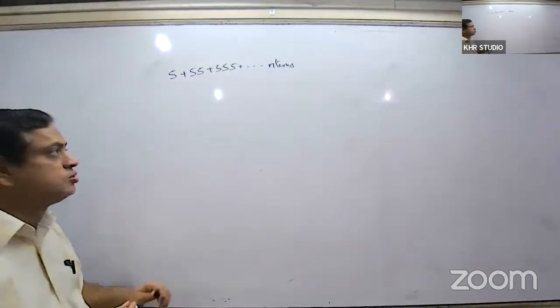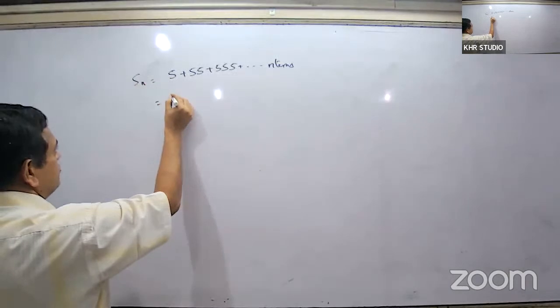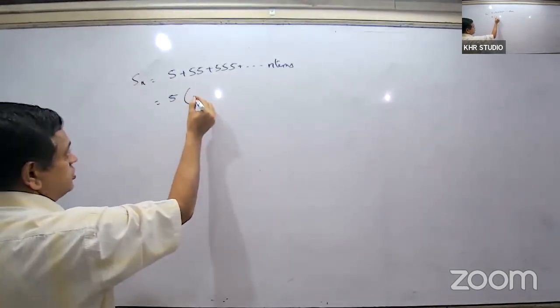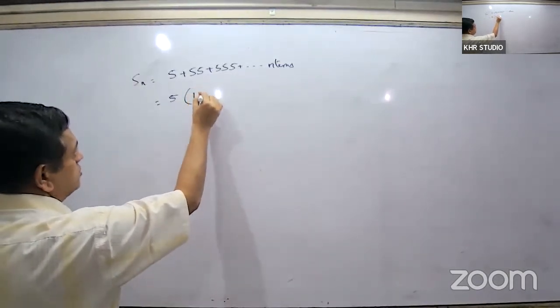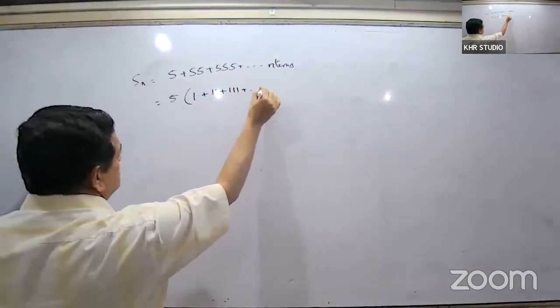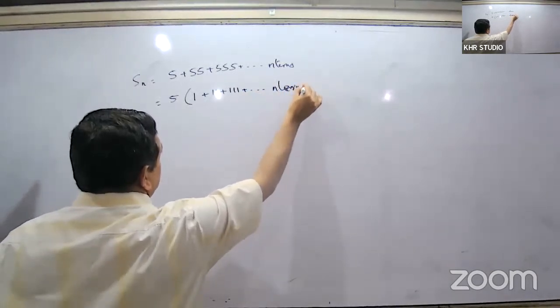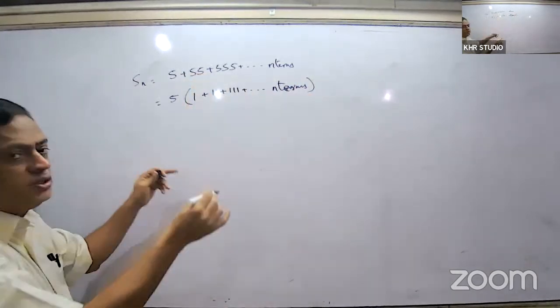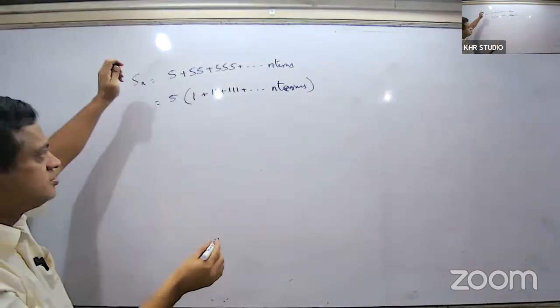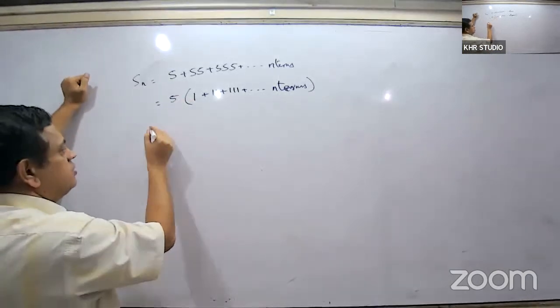What is the way? You will take Sn is equal to... Common rule: in this way, we will take 5 common. So it is coming as 1 plus 11 plus 111 plus etc., n terms. If it was 2, then we take 2 common. Next step, still it does not become a GP. What you do is multiply and divide by 9.